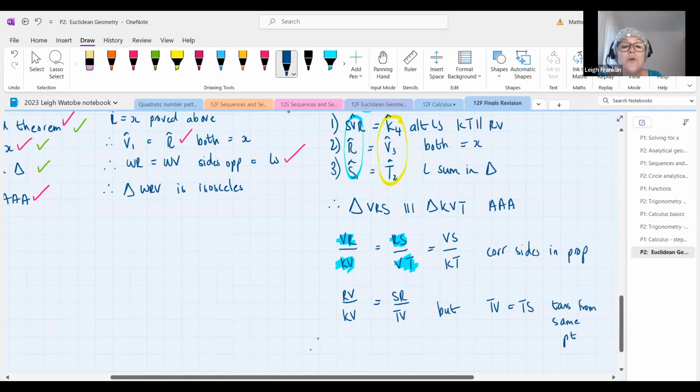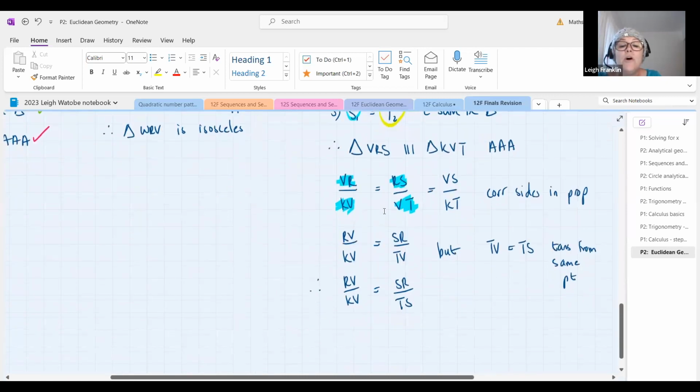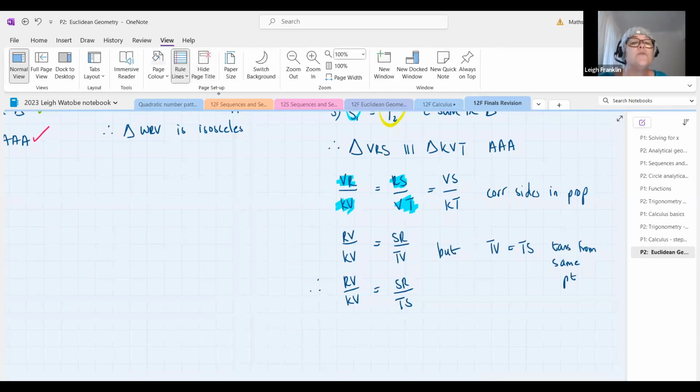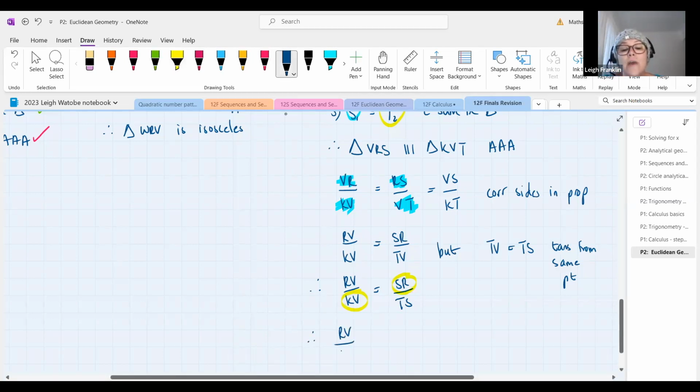So therefore, RV over KV equals SR over TS. Oh, and then there's just one last manipulation. RV over SR. Now, sorry, this question was a bit of a kicker, isn't it? Remember, we can interchange them like that. Okay, so finally I can conclude RV over SR equals KV over TS.